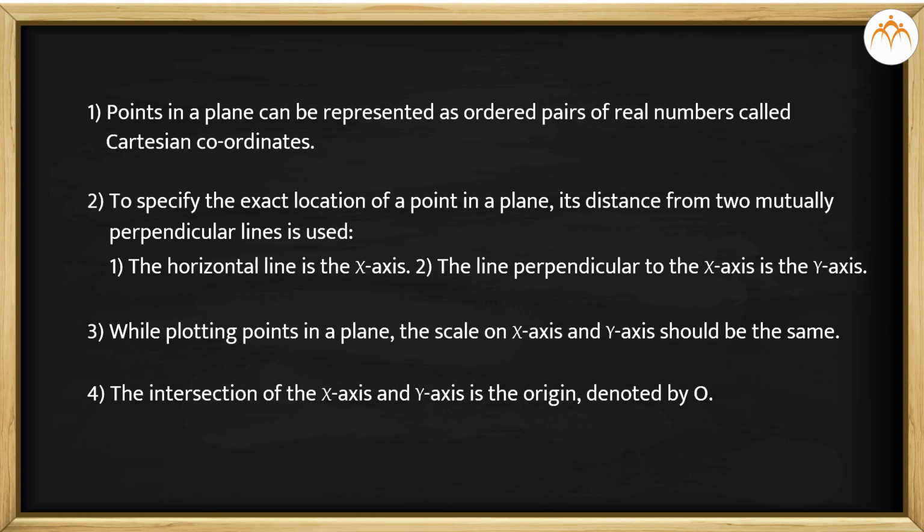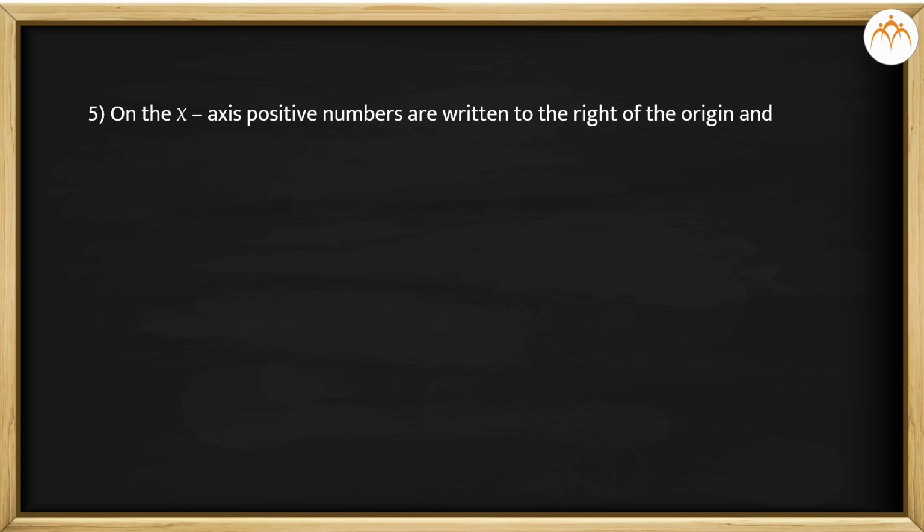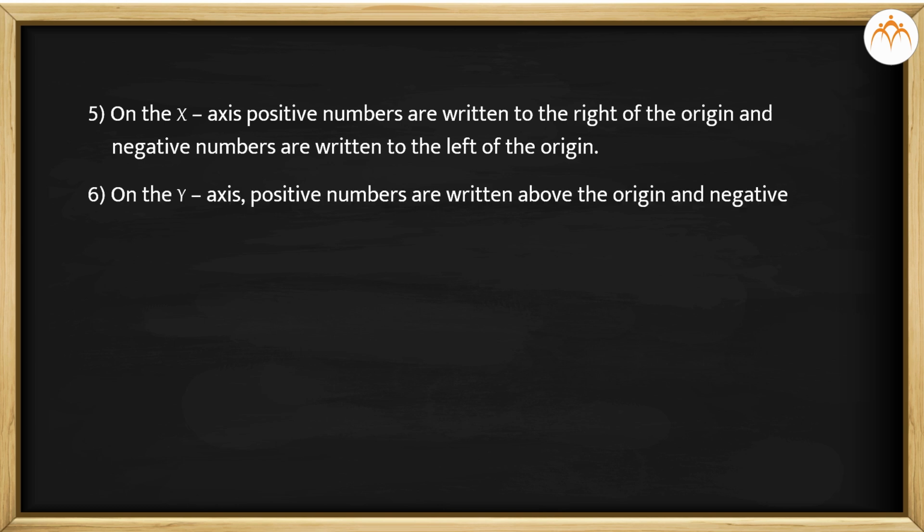The intersection of the x-axis and y-axis is the origin, denoted by O. On the x-axis, positive numbers are written to the right of the origin and negative numbers are written to the left of the origin. On the y-axis, positive numbers are written above the origin and negative numbers are written below the origin.